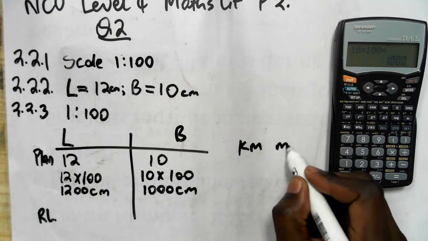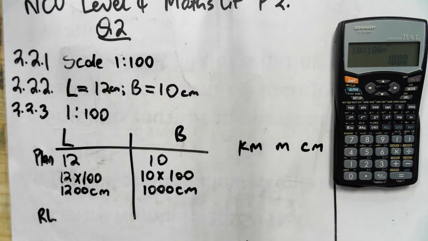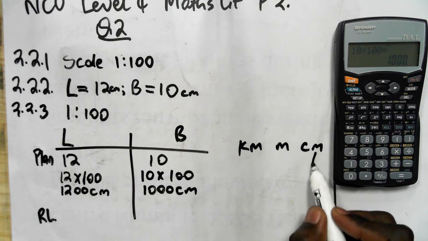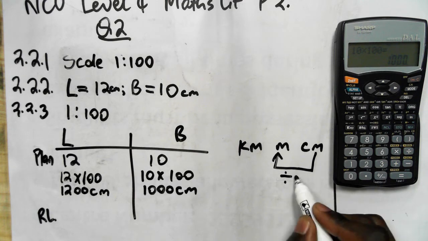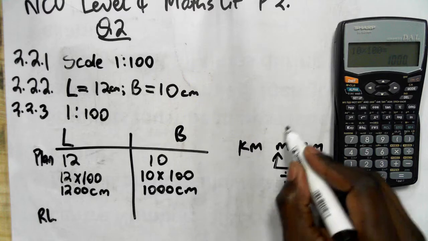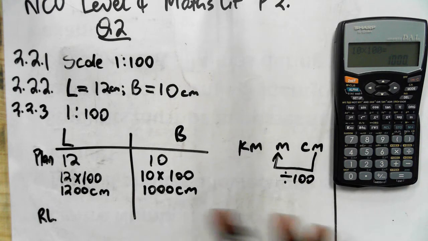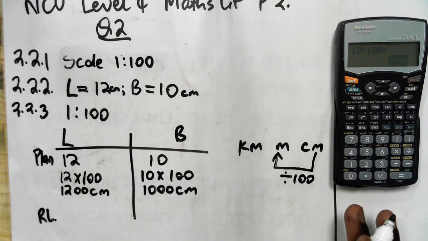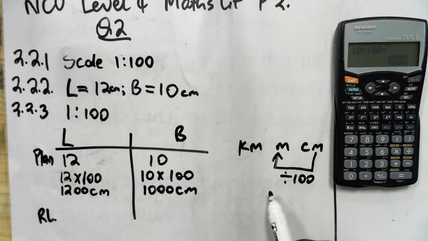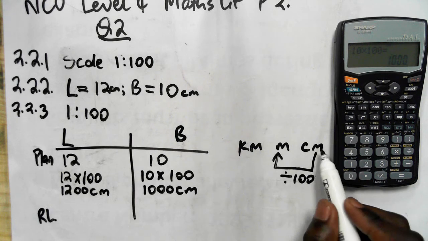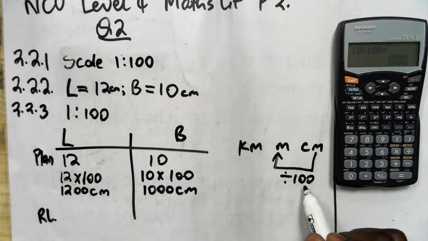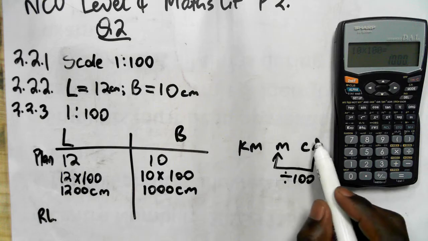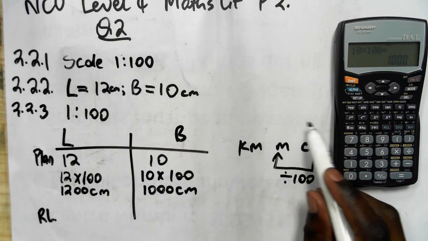Kilometer, meter, centimeters. Now you are moving from centimeters to meters. Whatever centimeters you have, you divide by 100. And exactly the opposite when you go the other way around. When you're moving from centimeters to meters, you divide by the unit difference of 100. And when you're going from meters to centimeters, vice versa, you multiply by a unit difference of 100.